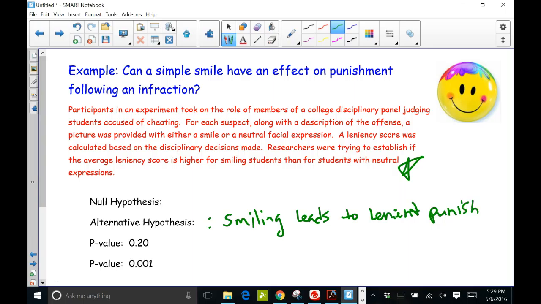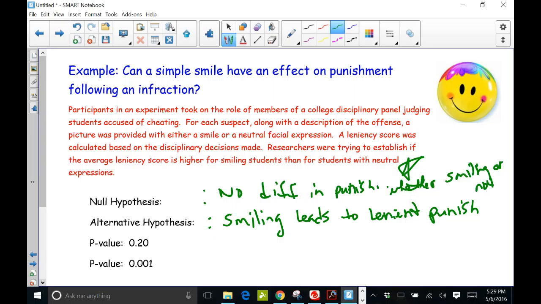The alternative, or excuse me, the null, which is the status quo, is there's no difference in punishment, sorry, I'm going to abbreviate here, whether, and I'm running out of room, smiling or not. So the null is the status quo. It doesn't make a difference if you smile, you're getting the same punishment. The alternative is that smiling is going to get you a more lenient punishment.